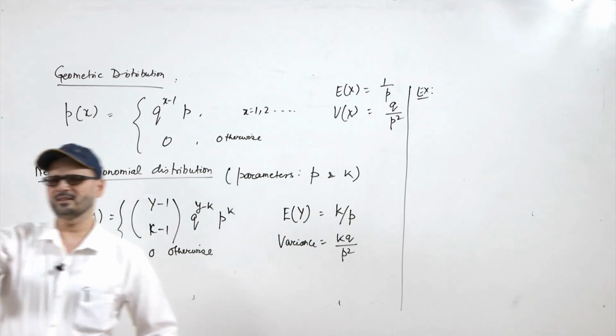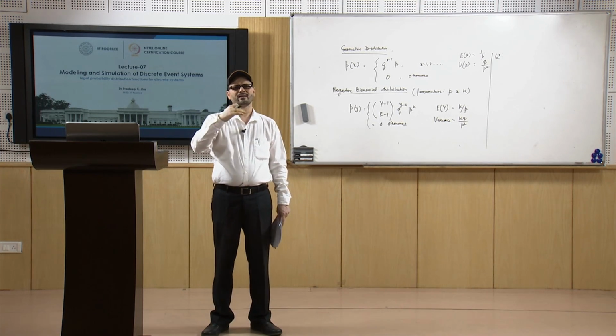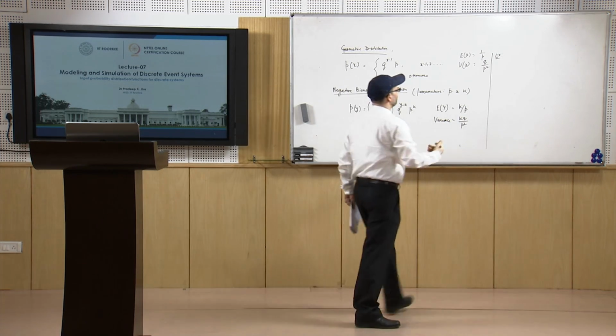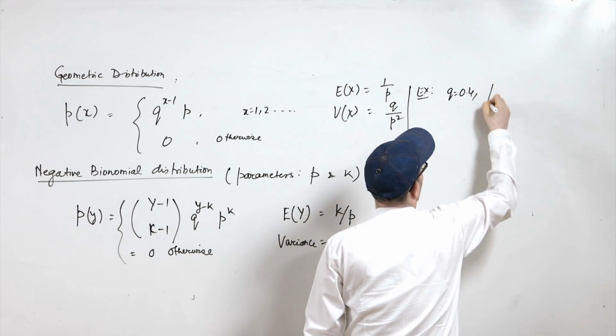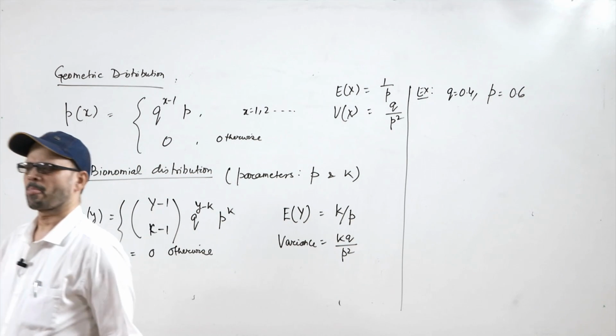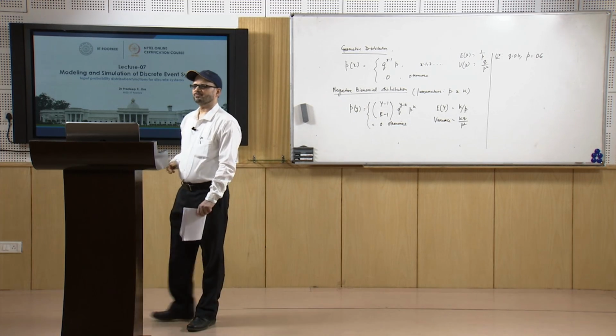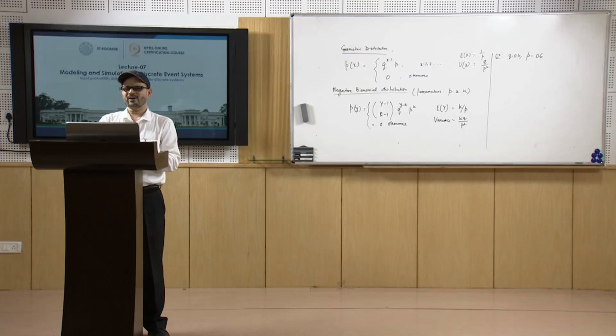Where it is written that 40% of the printers are rejected, it means Q is 0.4 and P will be 1 minus Q, so it will be 0.6. Now, the first acceptable inkjet printer is the third one inspected.